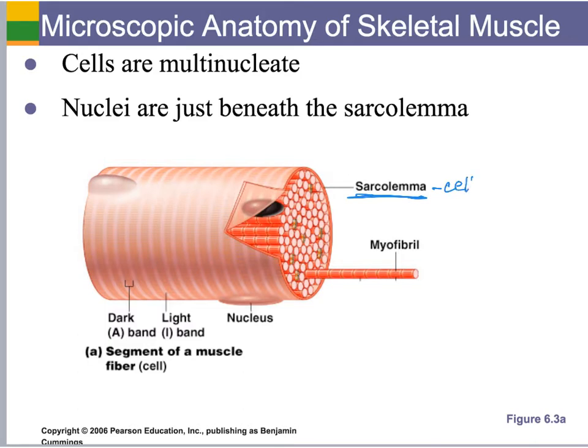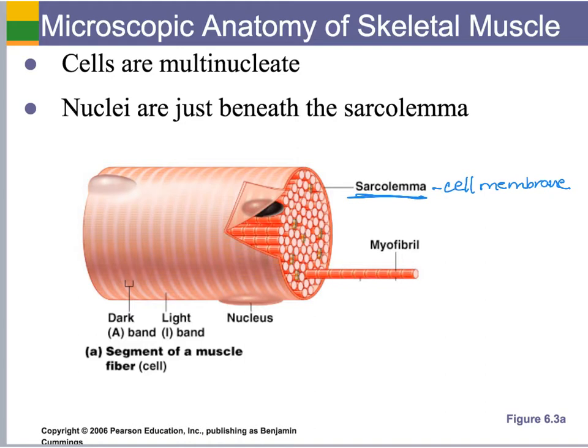It's kind of the cell membrane of the muscle. What's kind of unique about the sarcolemma is that it's kind of transparent, and you can see all of those nuclei right under the surface of that sarcolemma.